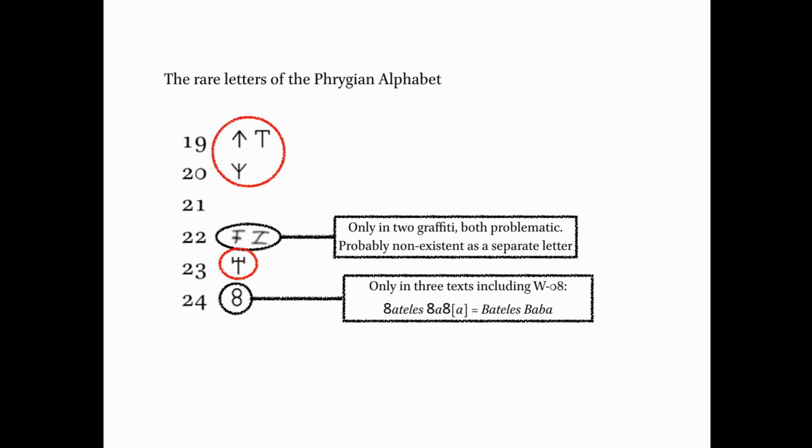So I will be talking about these letters. Basically, first of all, about 19 and 20, and then about 23, which is attested also only by a couple of inscriptions.